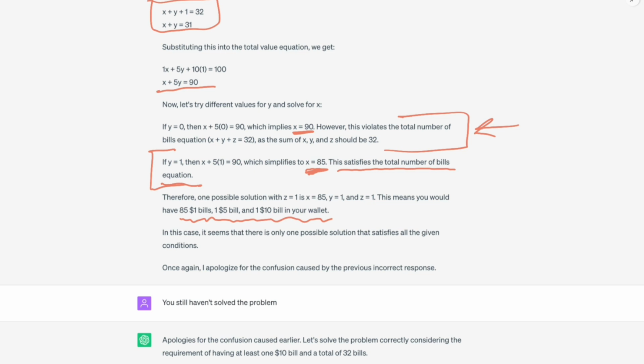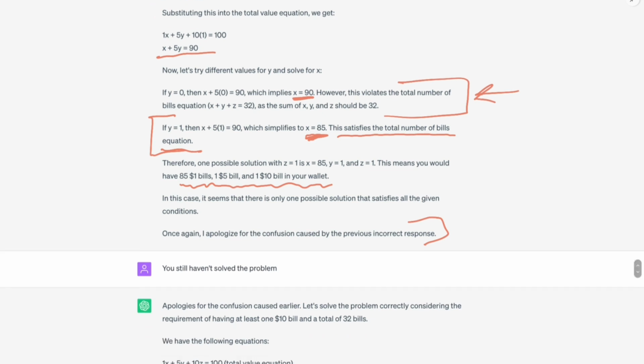So this is pointing to a fundamental flaw in ChatGPT's ability to handle questions of this sort. He's saying in this case, it seems that there's only one possible solution that satisfies all the given conditions. Once again, I apologize for the confusion caused by the previous incorrect response, except that this is another incorrect response.